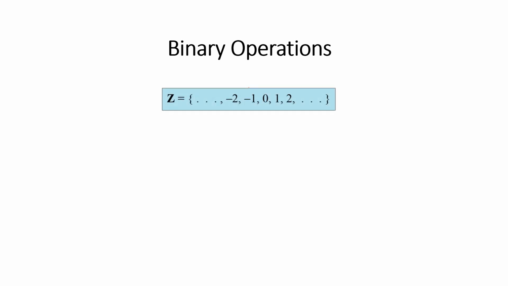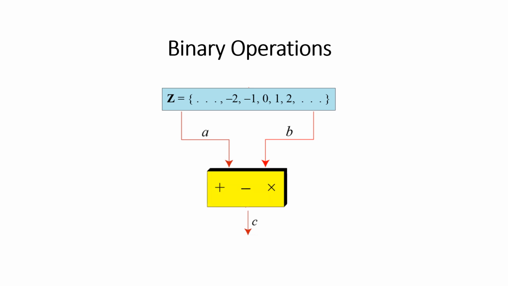In cryptography, we are interested in three binary operations applied to the set of integers. A binary operation takes two inputs and creates one output. Three common binary operations defined for integers are addition, subtraction, and multiplication.